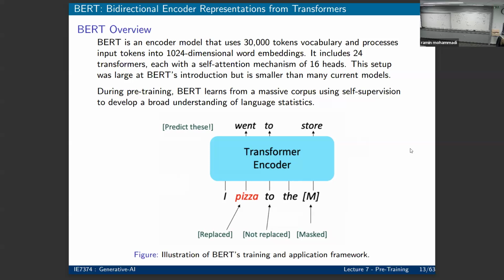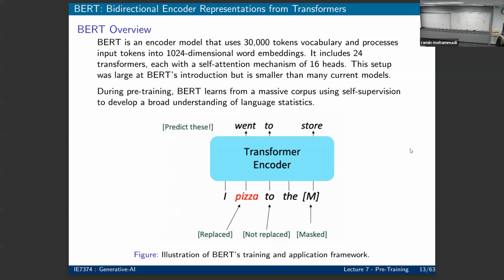The embedding has 1,024 dimensions. It included 24 transformer layers, each layer with 16 heads. That's what I was telling you, that the size of these models is not small. So this was the first BERT, called large BERT right now. Current BERTs are much smaller than this.